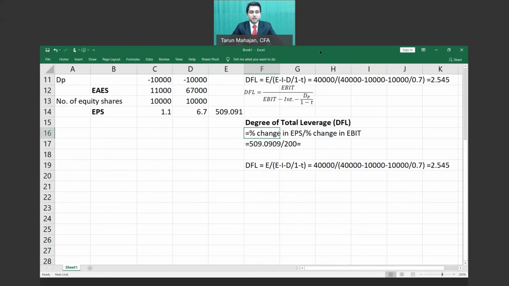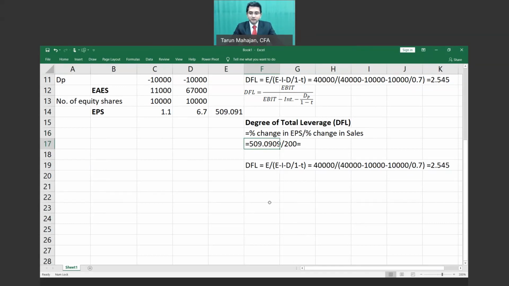What is the percentage change formula for degree of total leverage? Percentage change in EPS upon percentage change in sales. Exactly. You answered it right.